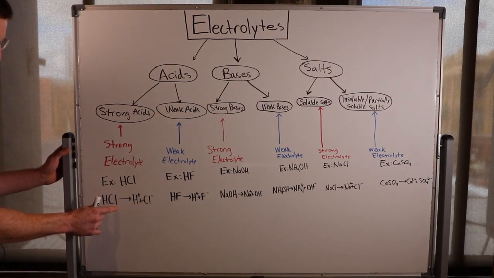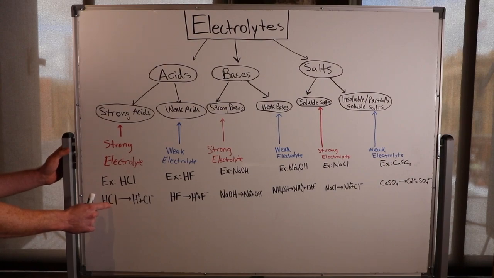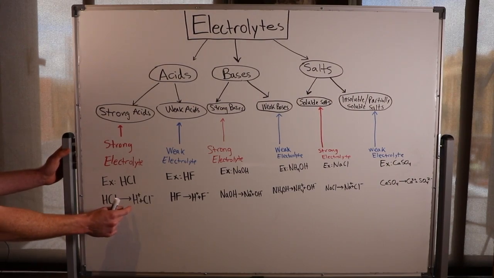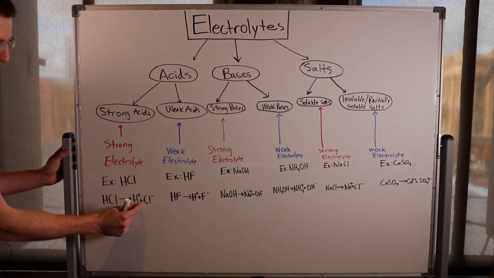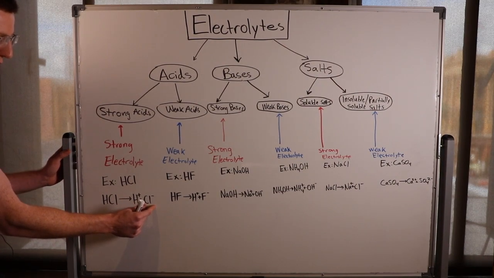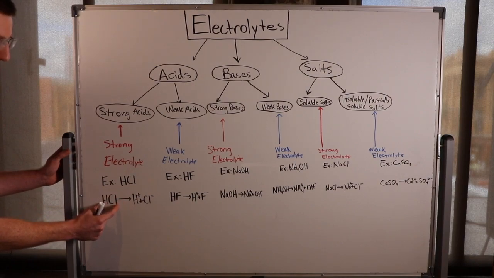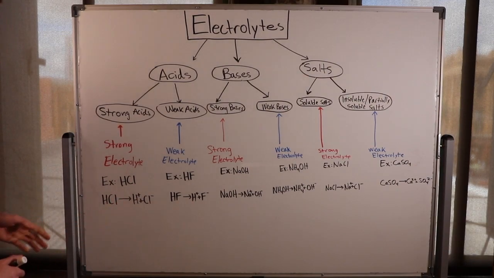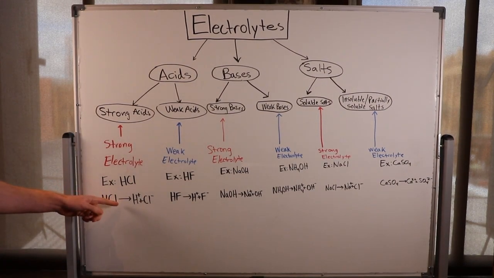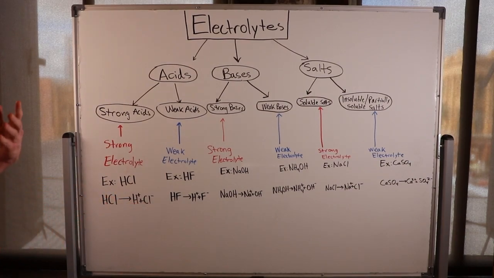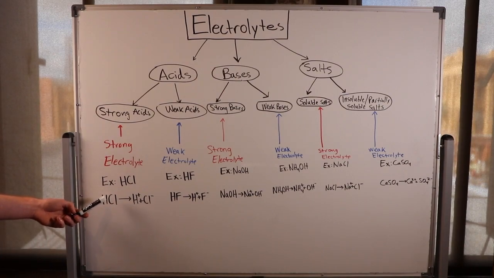Let's say we started out with 5 molar concentration of HCl. After you put this into a solution, we're going to end up with 5 molar concentration of H plus and 5 molar concentration of Cl minus, with almost 0 molar concentration of HCl. So it almost completely dissociates into its respective ions. Therefore, it contributes a lot of electrolytes to the solution, so we call this a strong electrolyte.